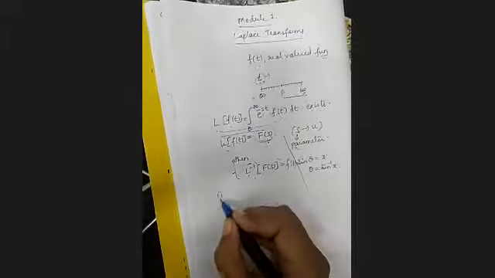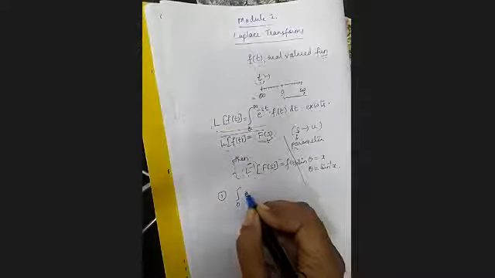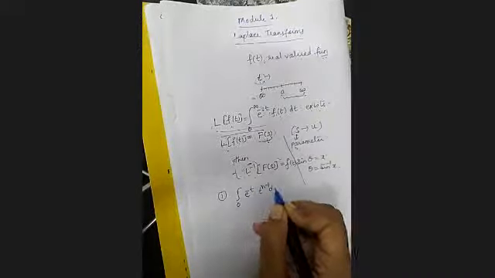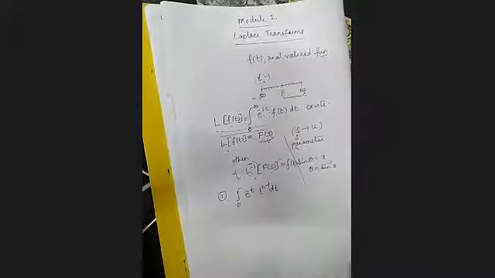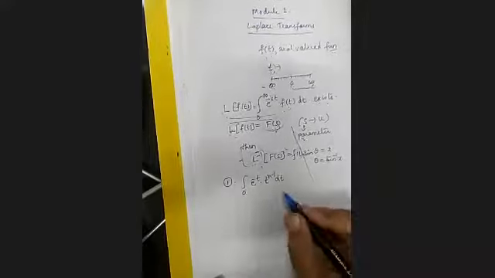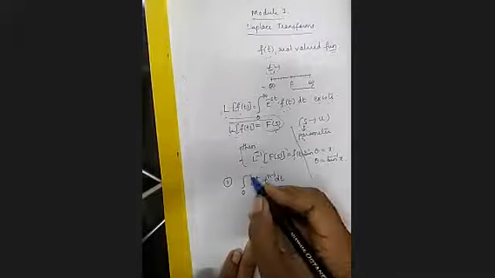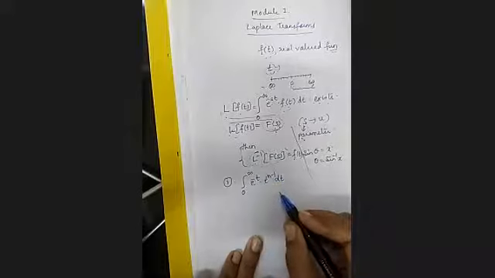So the first one is, if you take the integration from 0 of e raised to minus t, t raised to n minus 1 dt. If you remember your beta gamma functions, then you can tell me this definition.